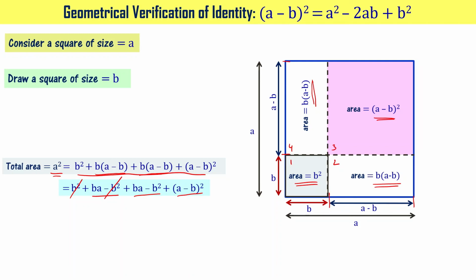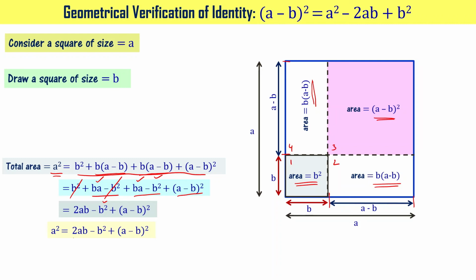I have now plus ba plus ba, let me write it as 2 times ab, and let me write this b square as is here, minus b square plus a minus b whole square, right? This can be written as a square equal to 2ab minus b square plus a minus b whole square.